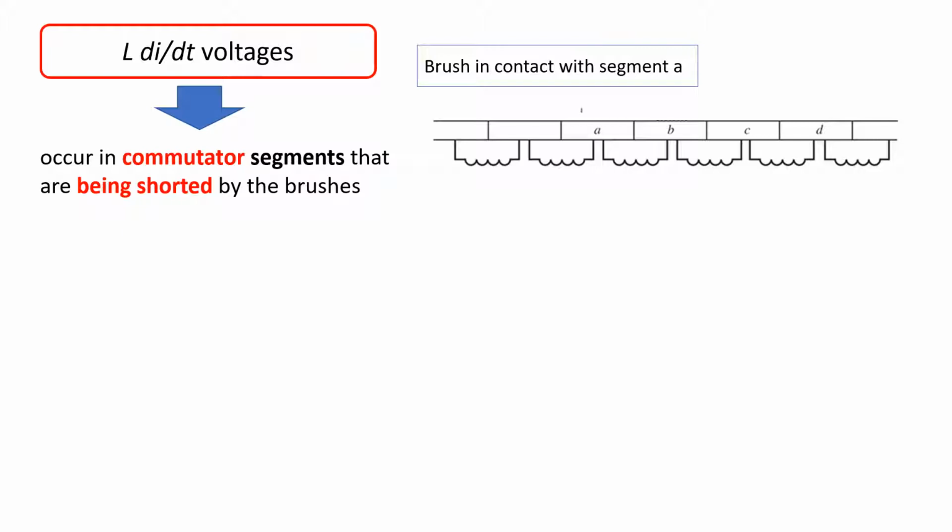Let's say the brush is in contact with segment A, and the brush would cause current to flow in, and let's say the current flowing in is 400 amperes. When the current flows into the brush and reaches the commutator, there are two coils connected to the commutator. So the current would split 200 amperes to the left and another 200 amperes to the right. And this current on the right will then flow to the second coil connected to commutator B.